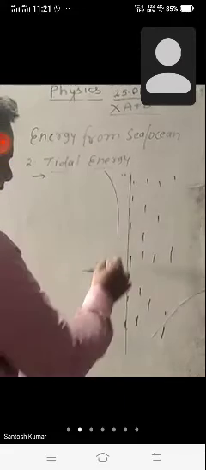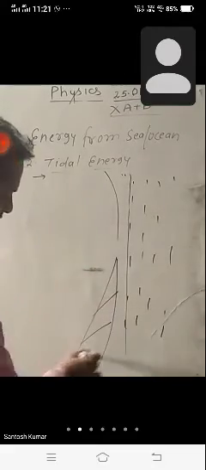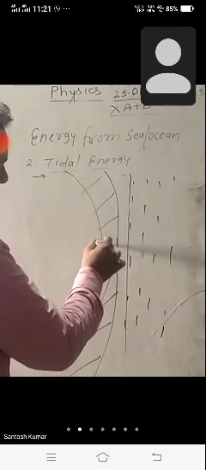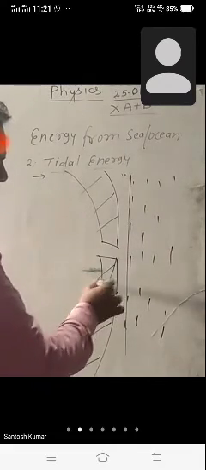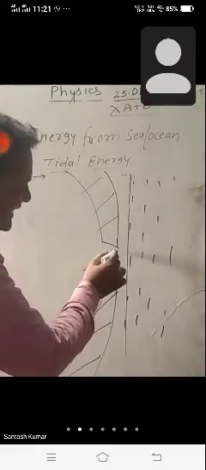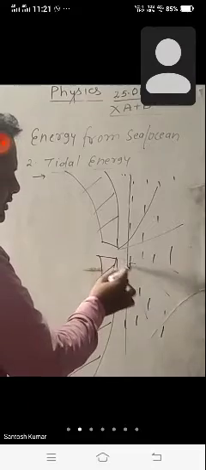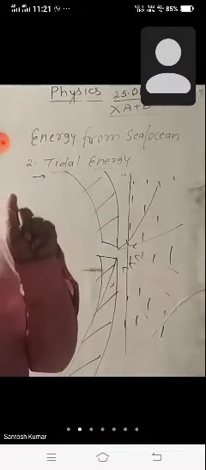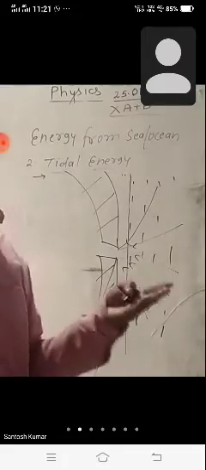Suppose we have created the dam like this, across here. So this is the narrow region where water comes. Due to this narrowness, the area is less. In physics, when area is less, what will happen here? The pressure will be very, very high.